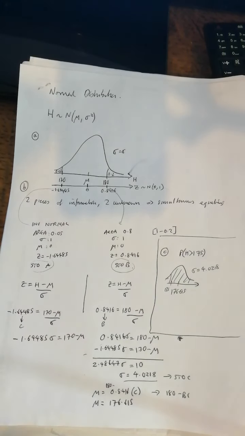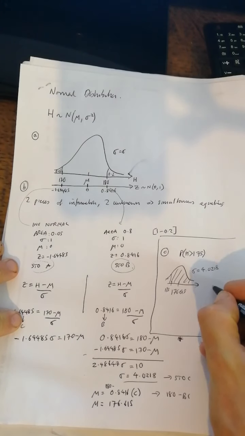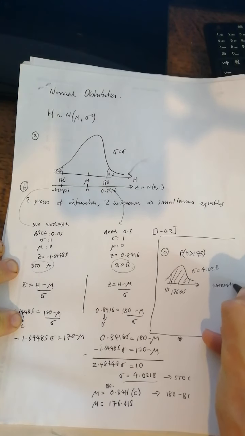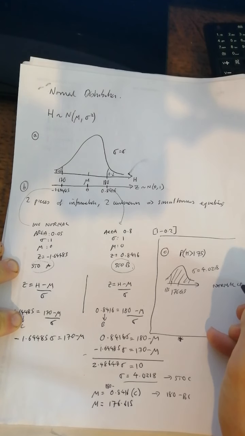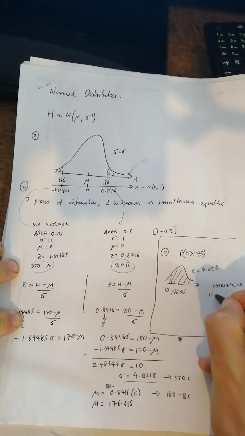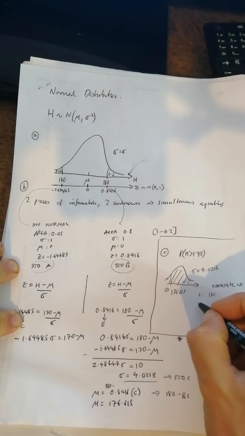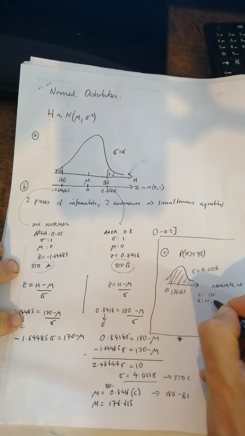Now we're going to use menu 7, normal CD. Lower is 175, upper is something big, 10,000.